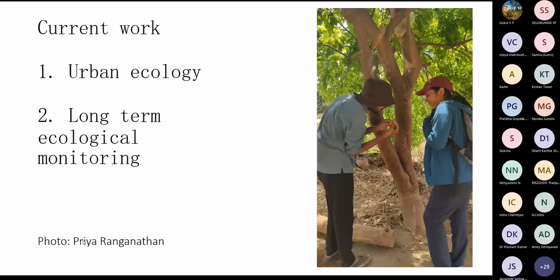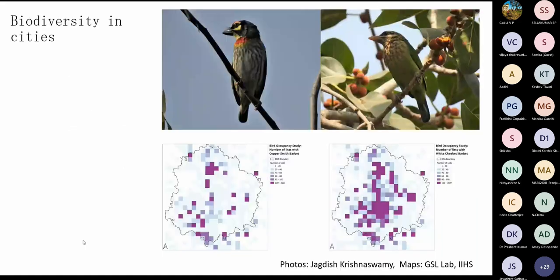We are using a lot of citizen science data for this study. For example, there is a portal known as eBird, where you can upload your bird observations. It can be from your balcony, it can be from the campus, it can be from a trip that you have gone to.